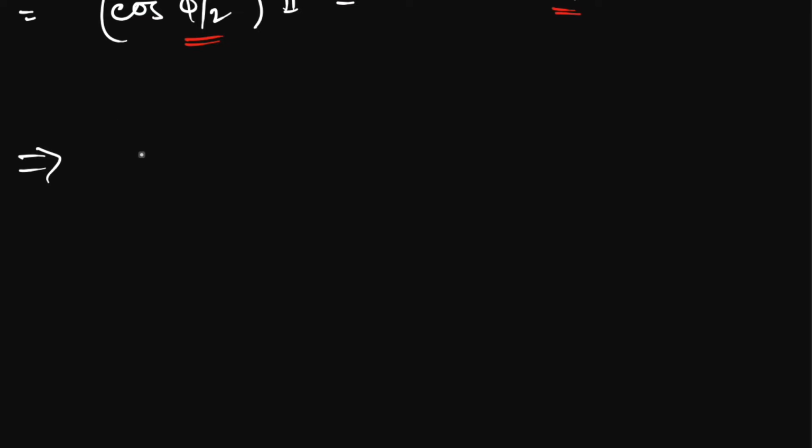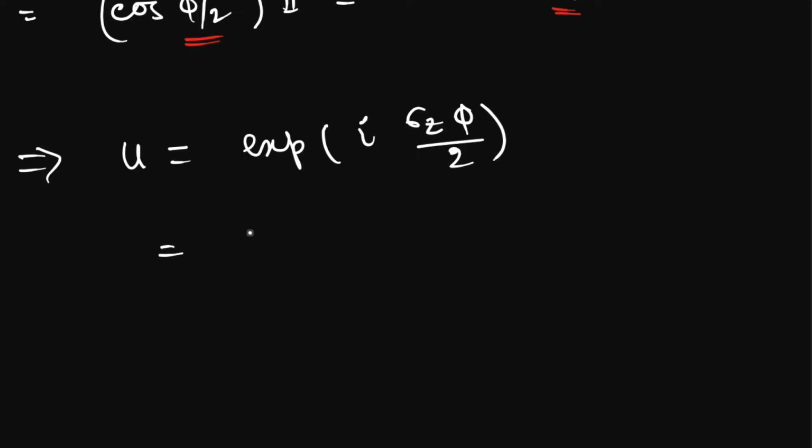That means the transformation operator U is equal to exponential of i sigma z phi by 2, which is equal to cos phi by 2 I plus i sigma z sine phi by 2.